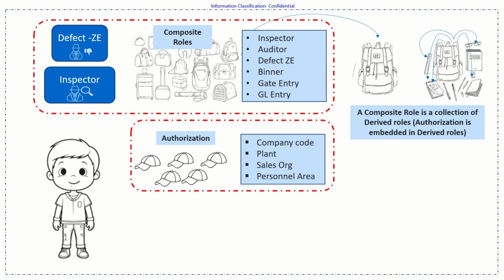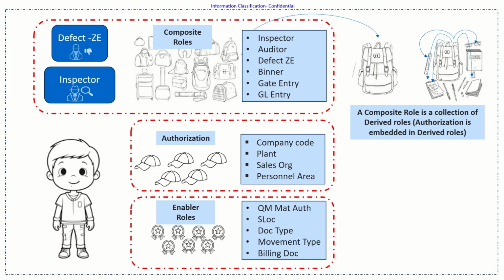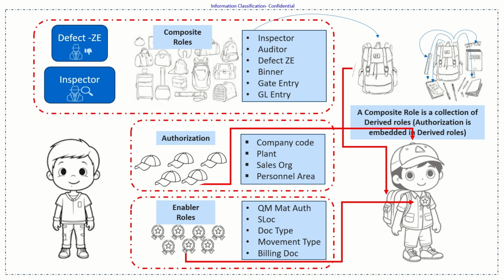Authorization like company code, plant, sales organization, personal area, etc. act as authorization element. Enabler role as second level control in certain areas like QM mat authorization, SLOC, doc type, movement type, billing doc, etc. These three are required to have seamless controlled access.